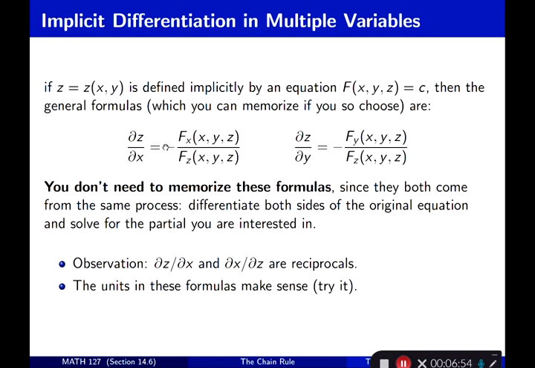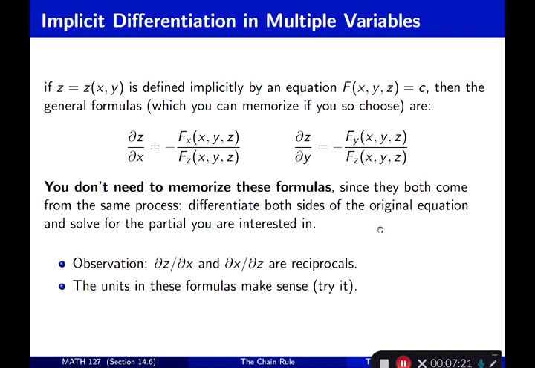And for the partial of z with respect to y, similarly again, the partial with respect to y appears on top, and the partial with respect to z appears on the bottom, and there's a negative sign. You don't need to memorize these formulas, since they both come from the same process, the chain tree that we use.